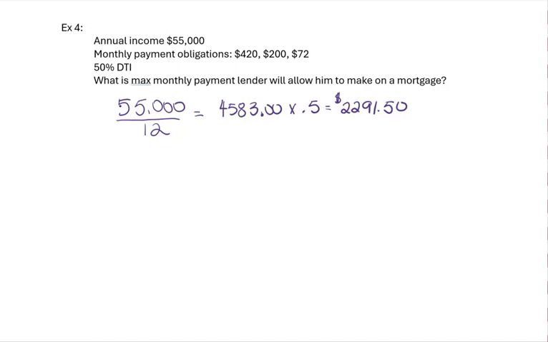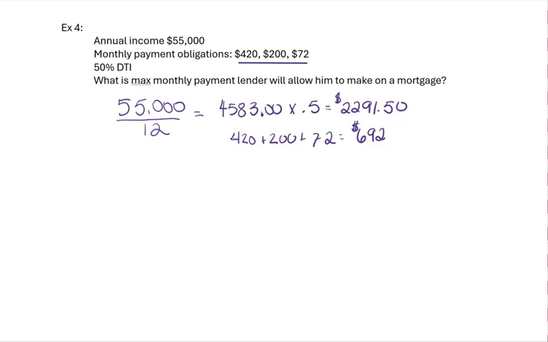But he's already in debt up here for $420, $200, and $72. So when we add those three numbers together, 420 plus 200 plus 72, we should get $692 worth of debt that he has to pay every single month.